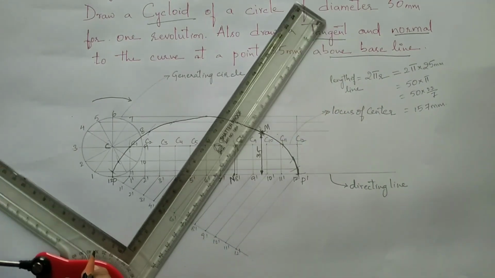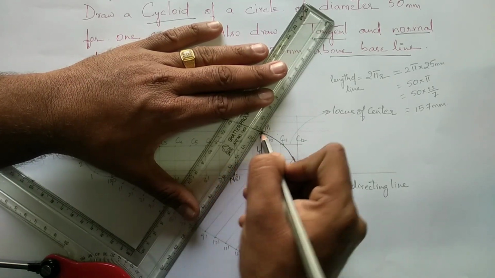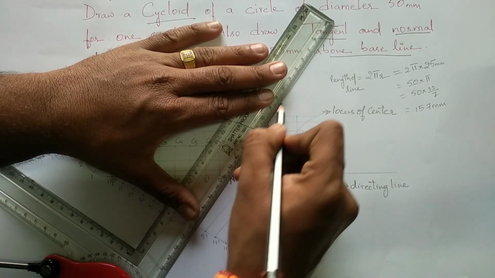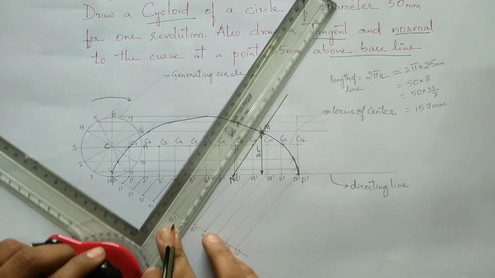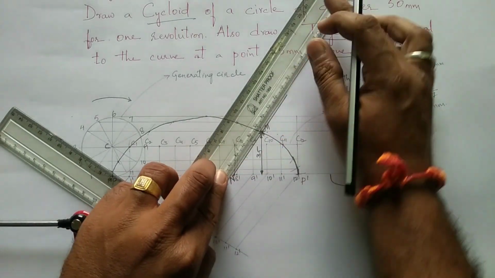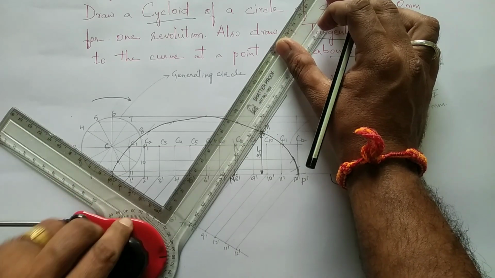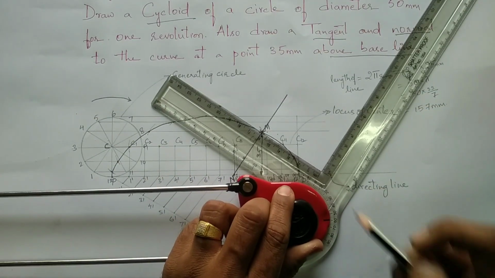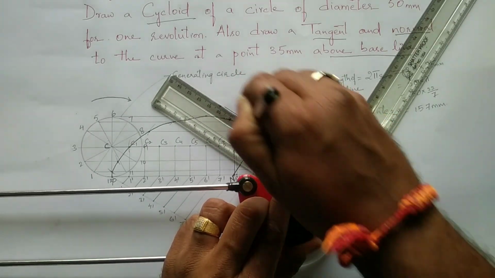Join NM. Extend the line. Just I am showing it to you. Join NM and extend the line, and tighten the knob of your drafter. Move to the point M and draw the line perpendicular to it.